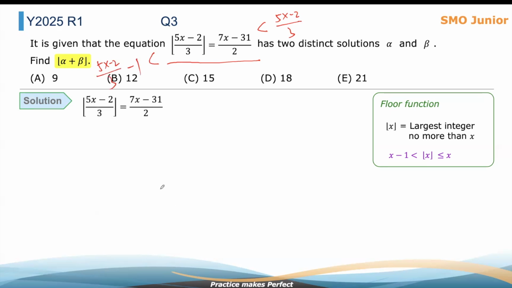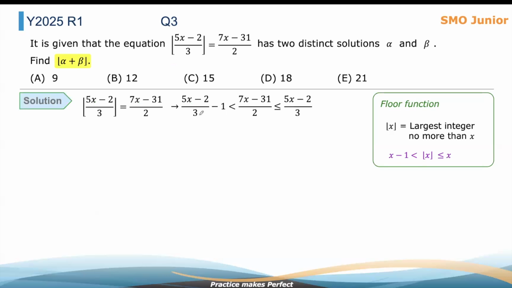So first, we get this inequality. For these 3 parts, we multiply by 6 to each one, then we can remove the denominators. This one times 6 gives 2 times (5x minus 2) minus 6, which equals 10x minus 4 minus 6, so minus 10.